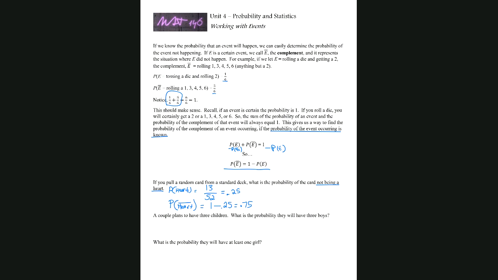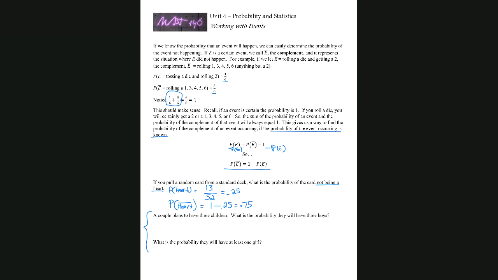We're going to look at these two questions together here. It says a couple plans to have 3 children. What is the probability they will have 3 boys? Okay, let's talk about this. What could happen? If a couple has 3 children, how could they have children?